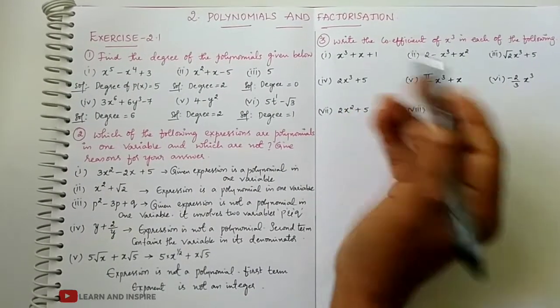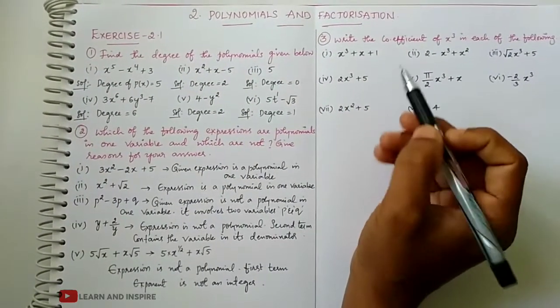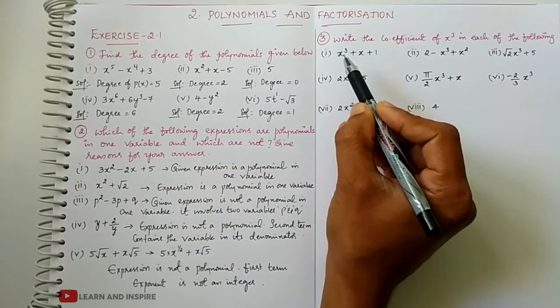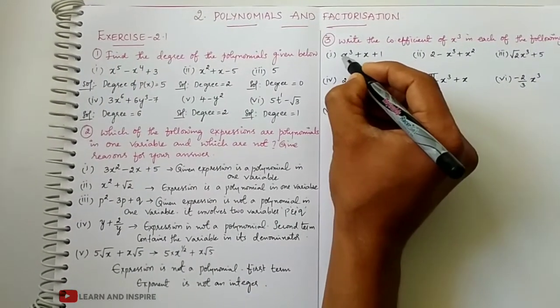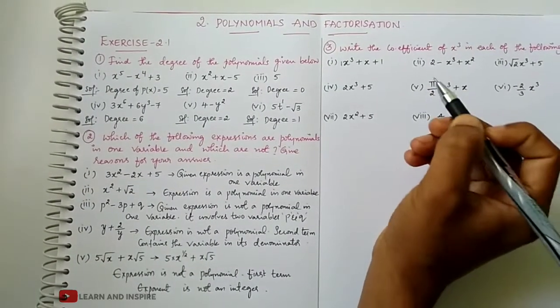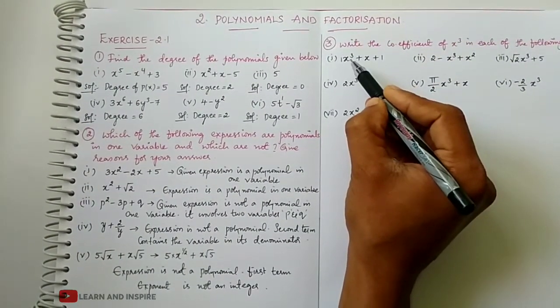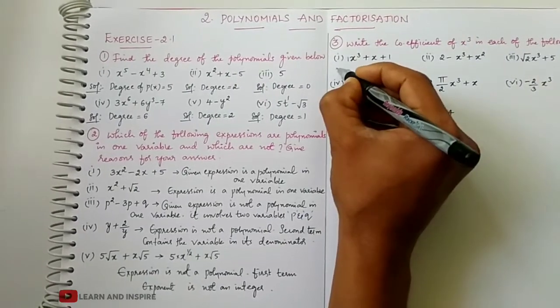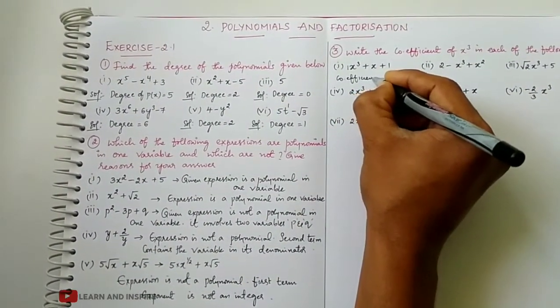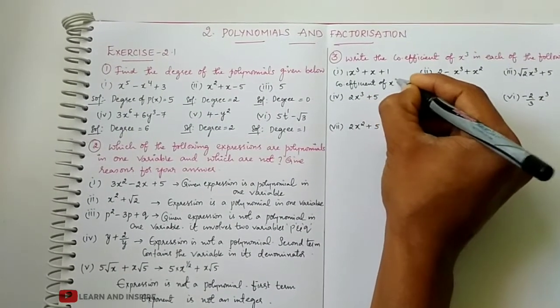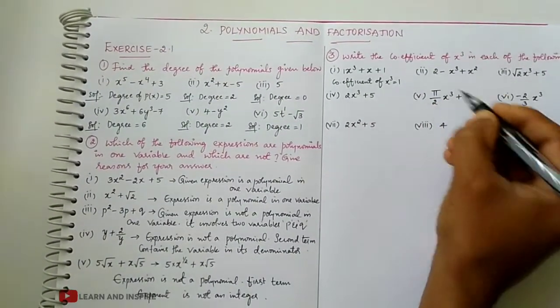Now here, what is the constant term before the variable? Here the constant term is 1. So the coefficient of x cube is 1.